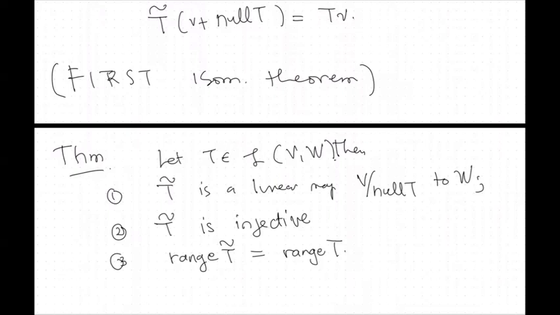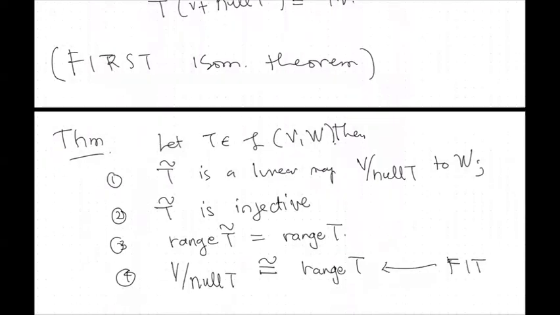And number four, the vector space V modulo the null space of T is isomorphic to the range of T. So this is the first isomorphism theorem.